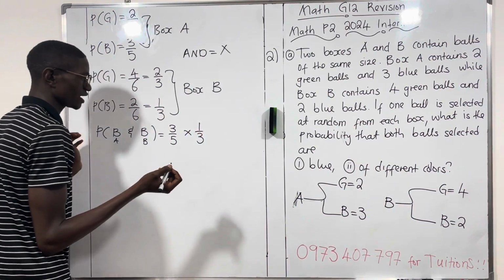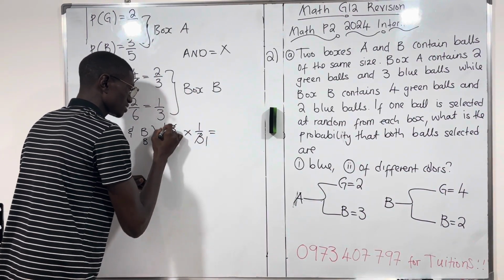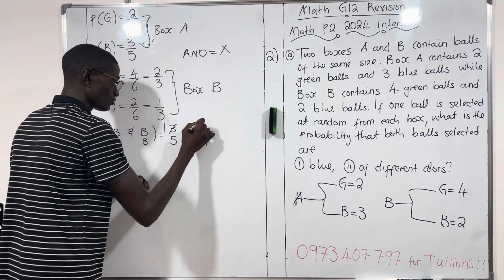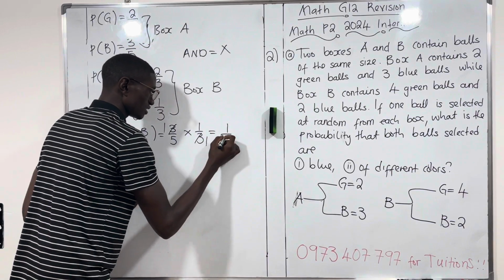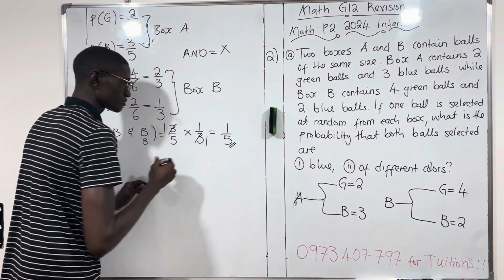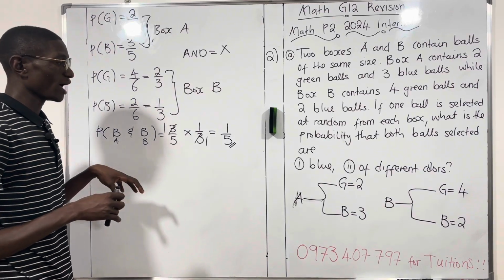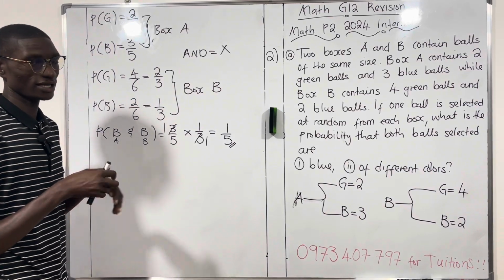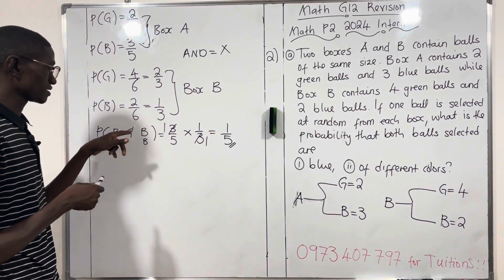And then we simplify and finally multiply. So we're going to say 3 into 3, 1. 3 into 3, 1. We have 1 over 5, 1 over 1. 1 times 1 is 1. Over 5 times 1, 5. So this is the probability that in box A, we selected a blue ball, and in box B, we selected a blue ball. This right there. That is why we have blue and blue.